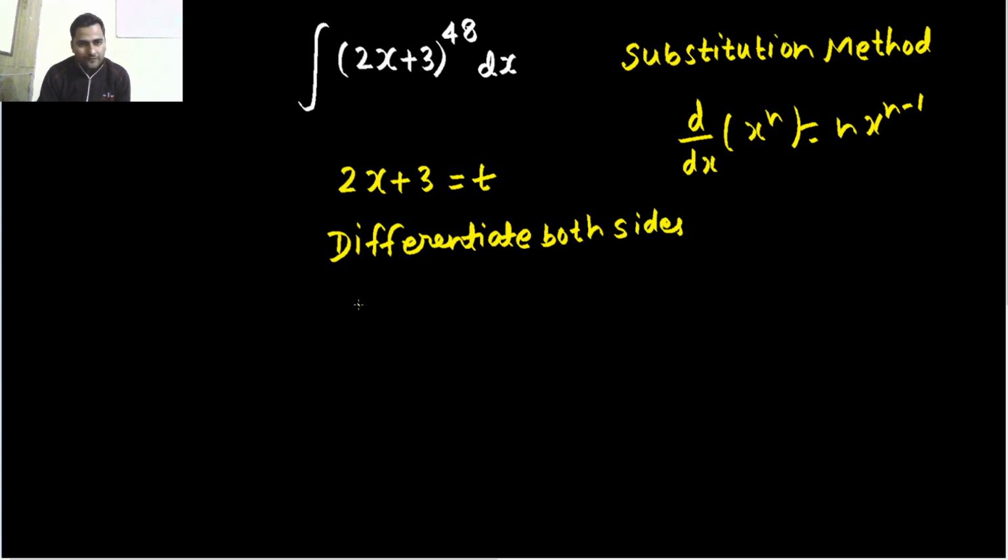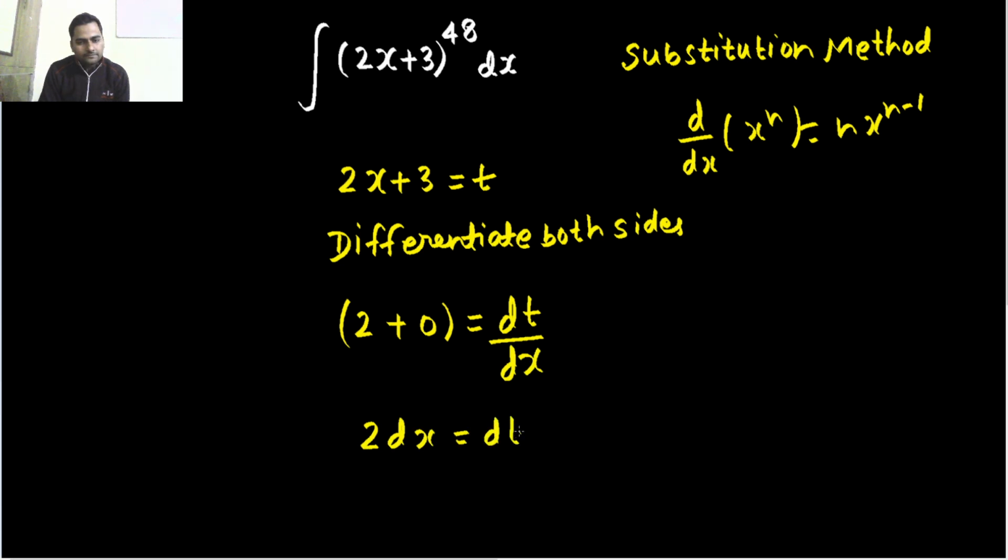The derivative of x is 1, so 2 plus the derivative of a constant is 0. This is your left hand side. Derivative of t with respect to x is dt by dx. Now cross multiply, take dx to the other side, so you will get 2 dx equals dt.